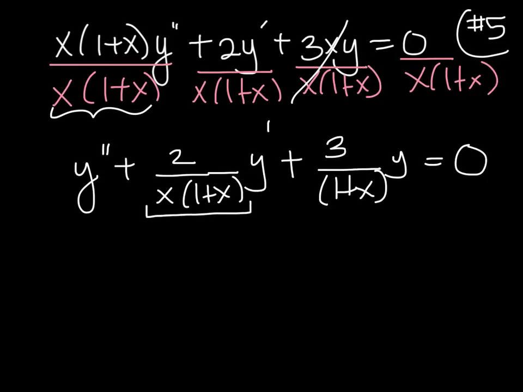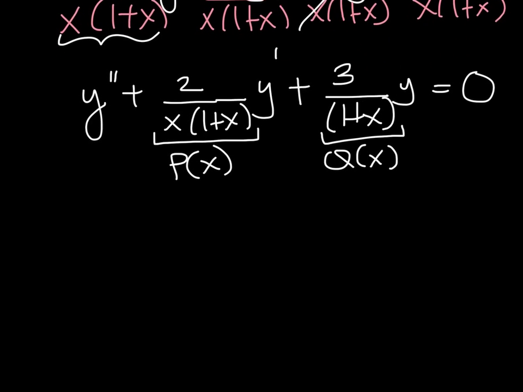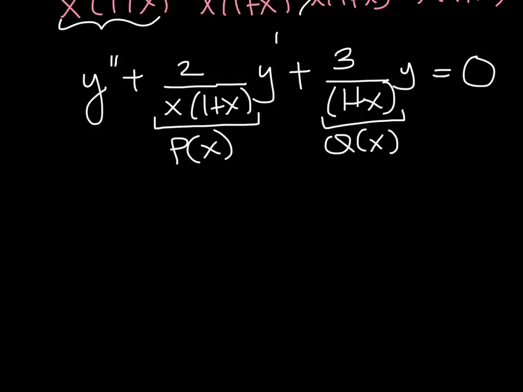So this is nice because this is our standard form. We can easily see our p of x and our q of x. And now let's take the limits. We're trying to determine p naught, that's a small p naught.